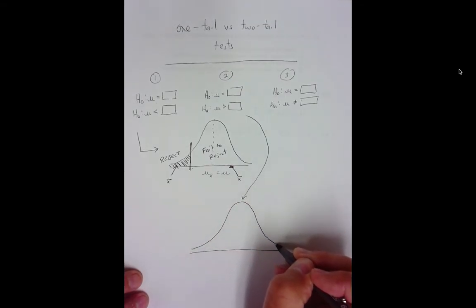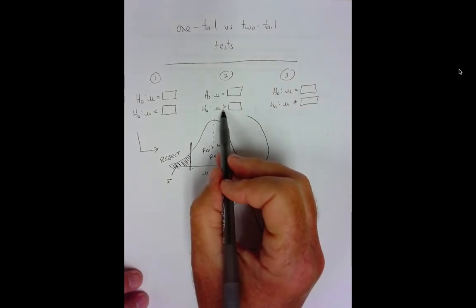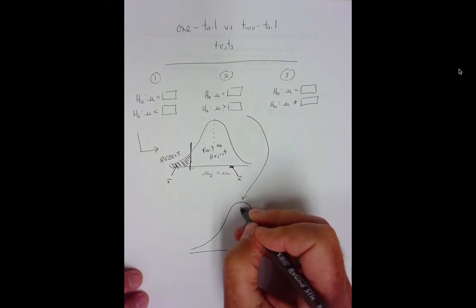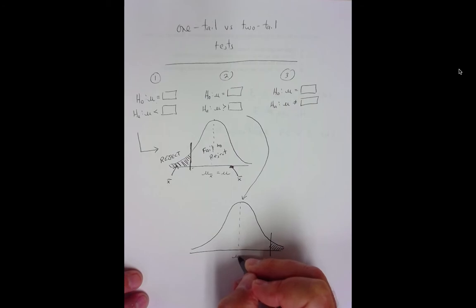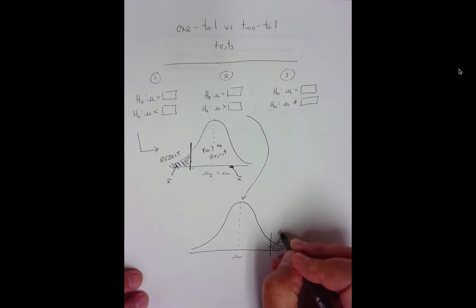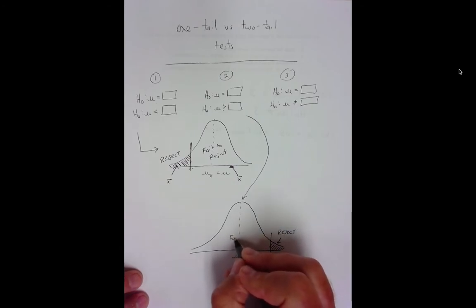Distribution of sample means. We're testing greater than, so our reject region is going to be above the claim in H sub O. This part up here would be our reject region. This part down here is our fail to reject region.